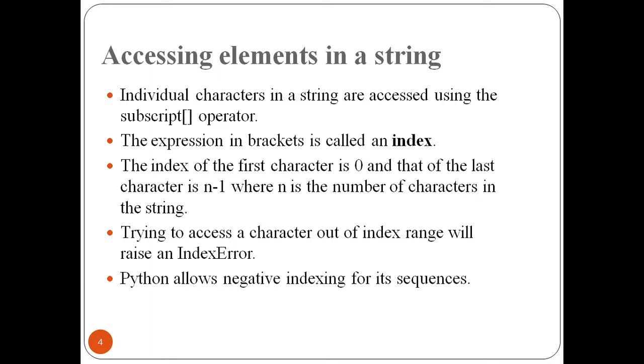If you access an index beyond the string size, it will give an index error. And Python allows negative indexing for its sequences. We'll see how to access string elements using the index in the next slide.